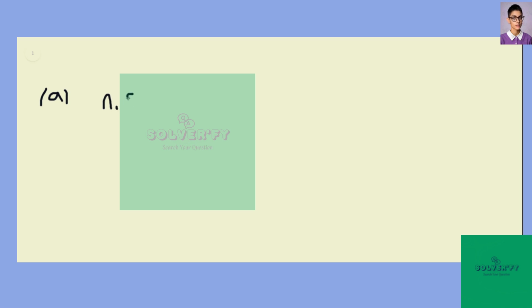So N1 times the sine of theta 1 is equal to the index of refraction N2 times the sine of theta 2. Okay, so replace this with the values that we know, which is theta 1 and theta 2.